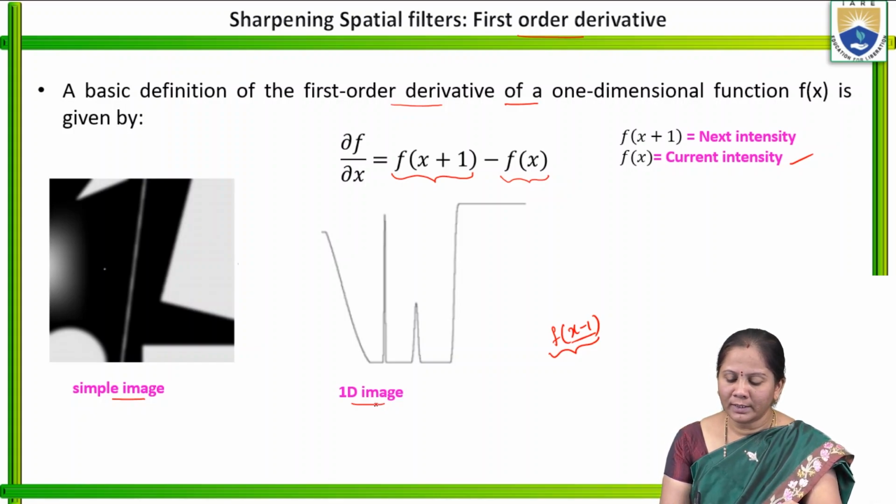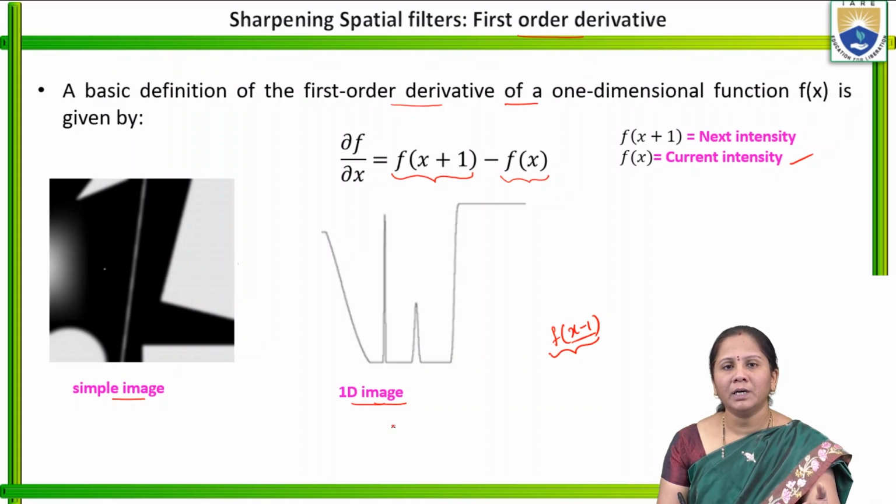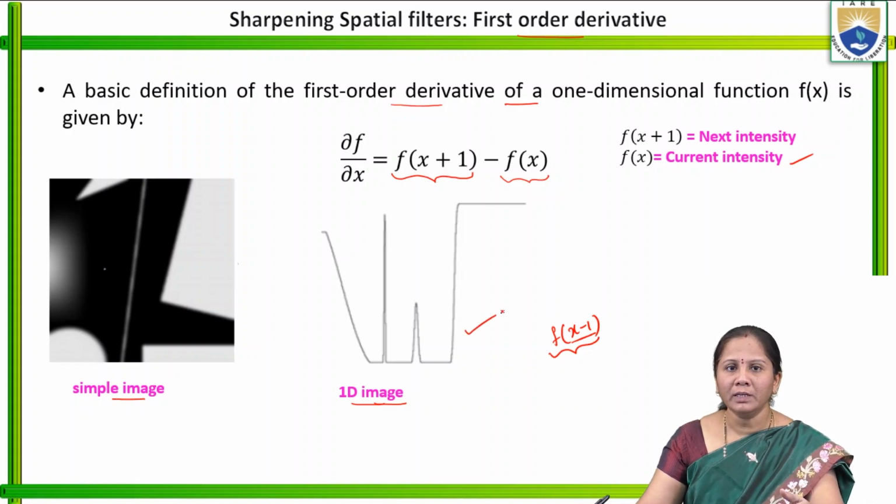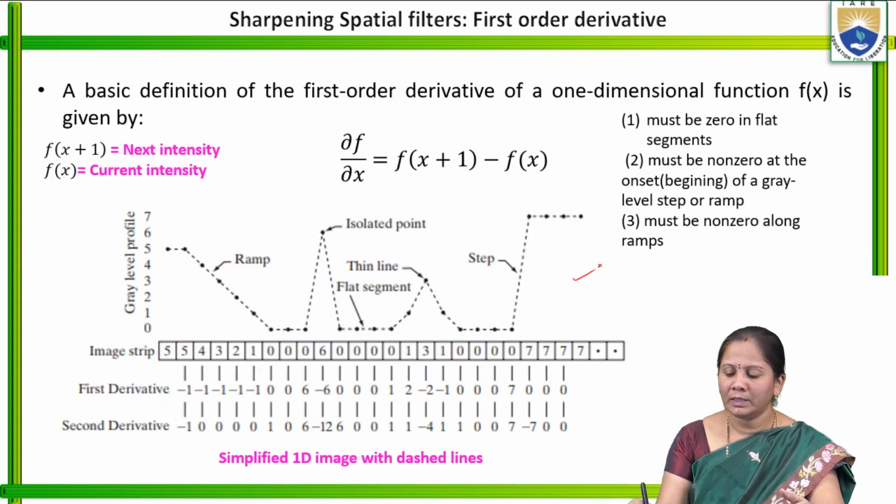In order to clearly understand this one-dimensional image, let us draw it clearly, representing it with dotted lines, and we will see which part has how much intensity level. The same one-dimensional figure can be drawn in detail like this.